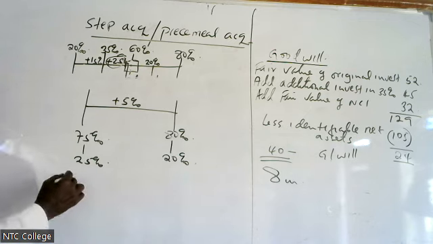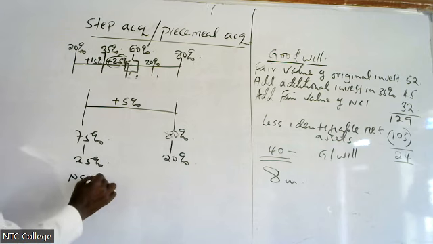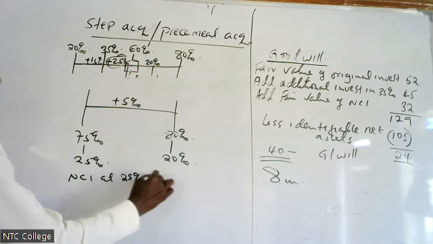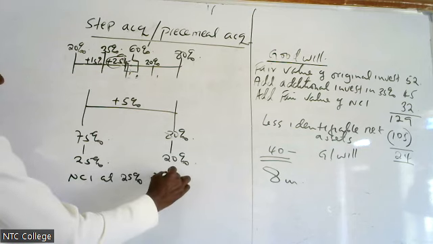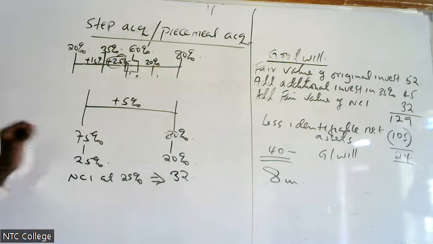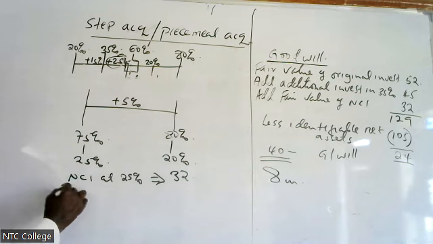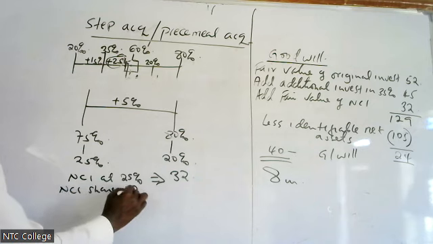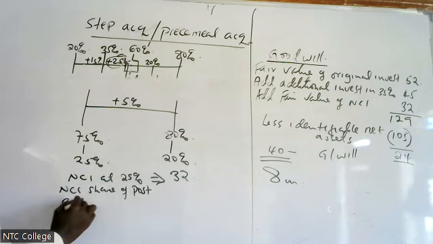Therefore, NCI at 25% was 32. When we gained control, it was 32. Then we add the NCI share of post-acquisition profit.